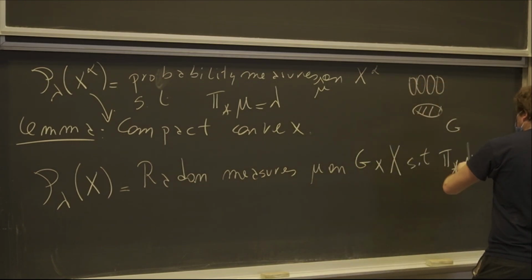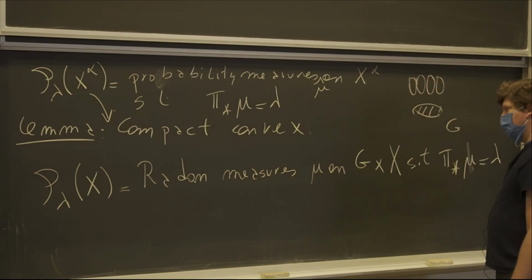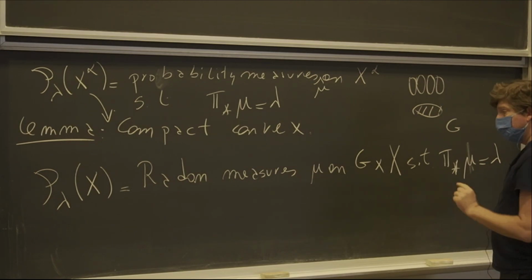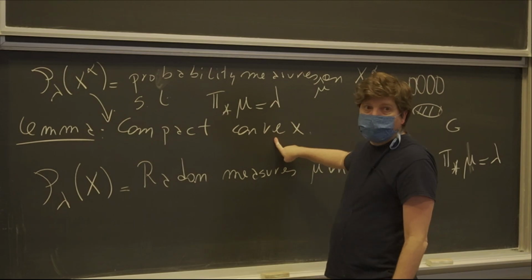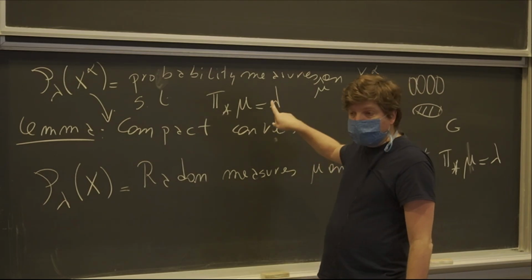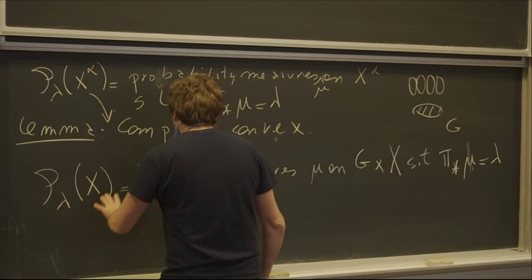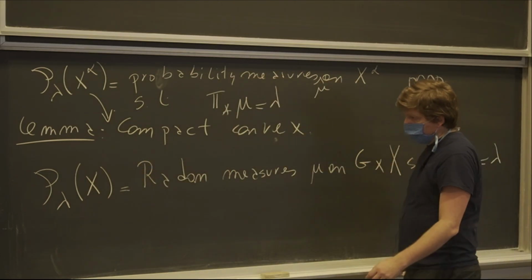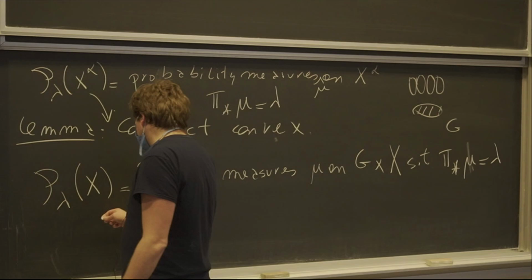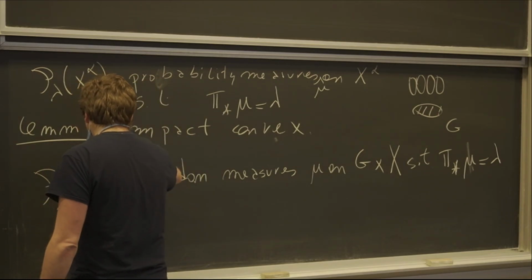Anyway, so I have these Radon measures. Now this space is also compact and convex, by the same reason above. So of course I should put a distance function or a topology on this space.